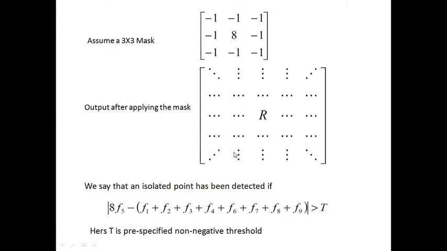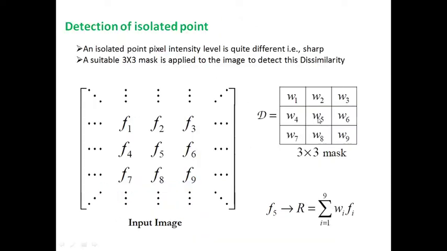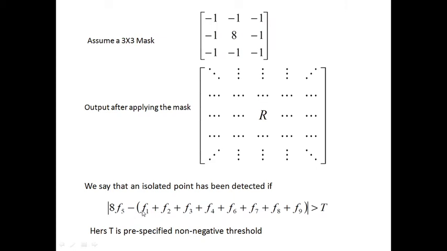At which location can I trace out that a sharp point is present inside my image? We say that an isolated point has been detected if a condition holds. What is that condition? 8 times f5 minus the sum of all the other pixel intensity values, that is, minus (f1 + f2 + f3 + f4 + f6 + f7 + f8 + f9).